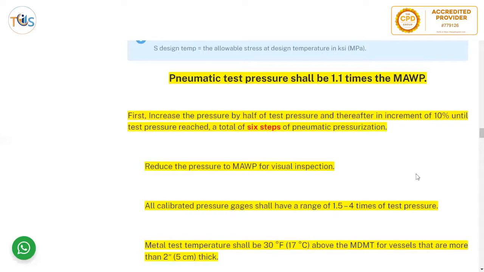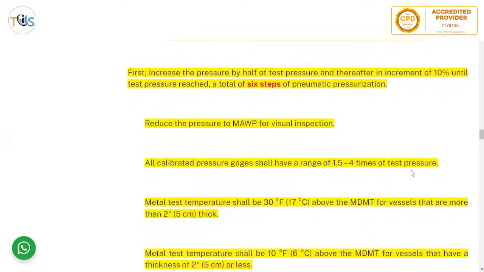You have to reduce the pressure to the maximum allowable working pressure. For example, if you're testing at 1.3 times the maximum allowable working pressure, then we divide by 1.3 and bring it down to that pressure, and then do the visual.